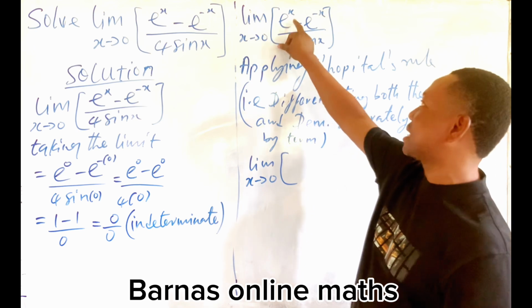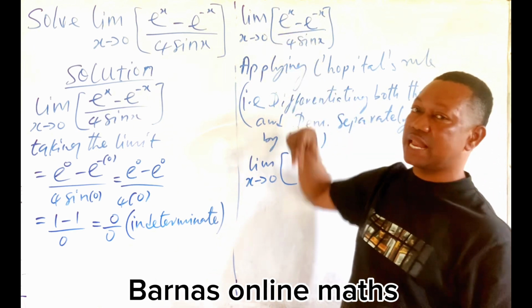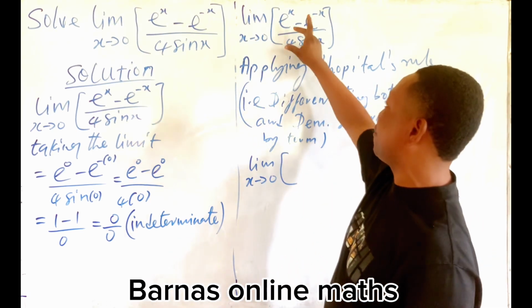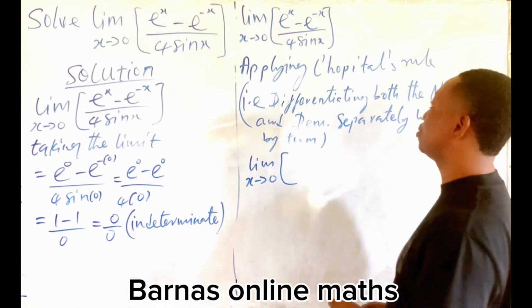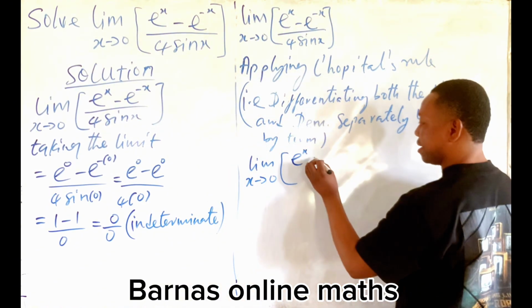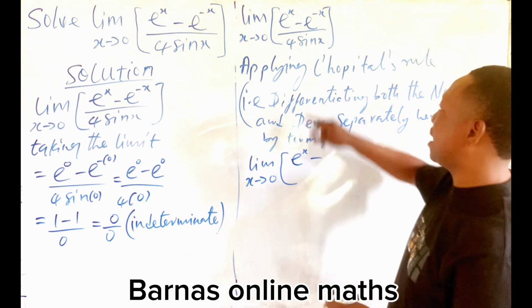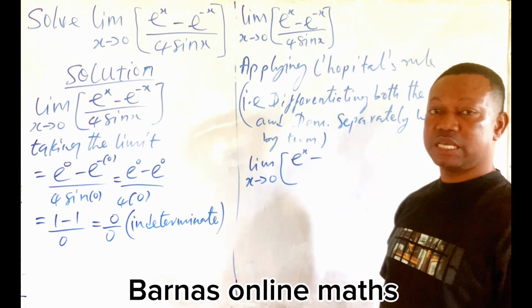The first term is an exponential function, e to power x. From the standard derivative, once you differentiate e to power x, automatically we'll have the same thing. So this is going to be e to power x. Then we have minus. Now coming up here, we want to differentiate e to power minus x.